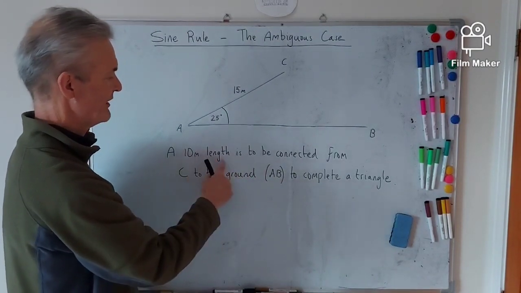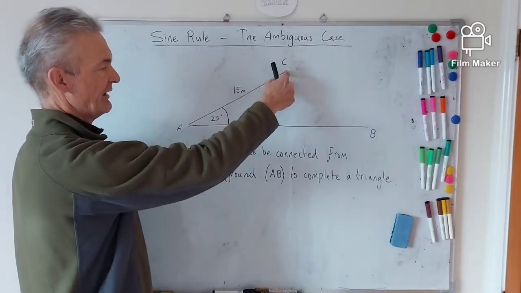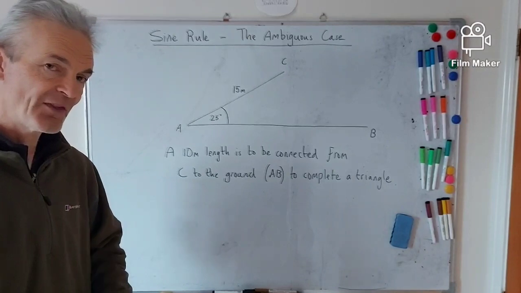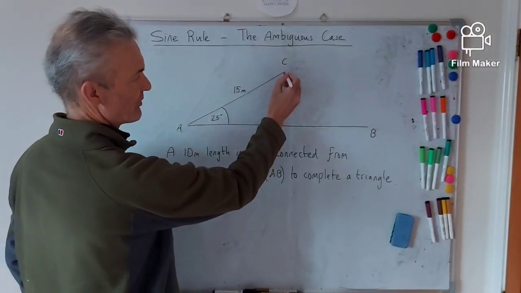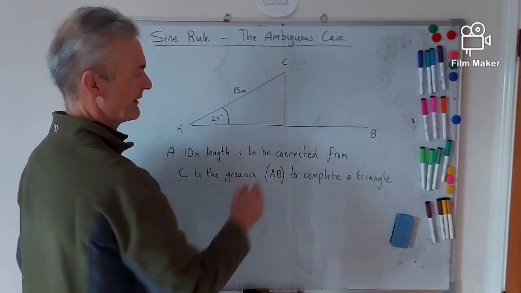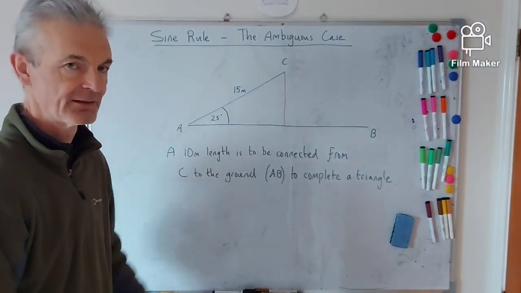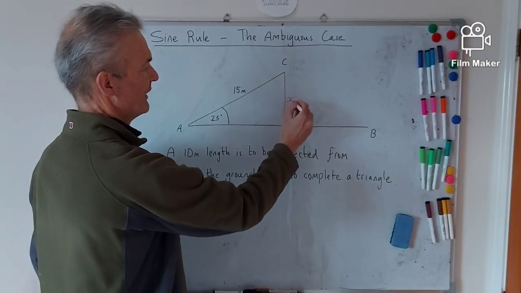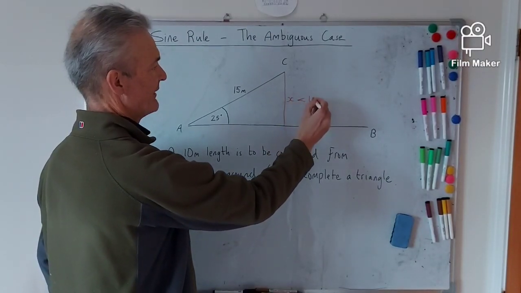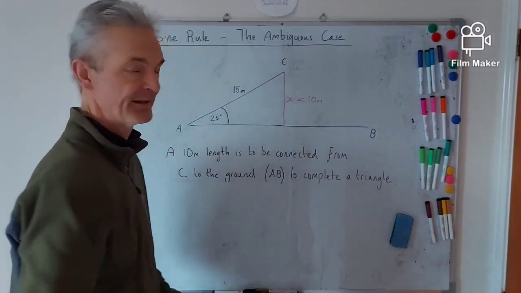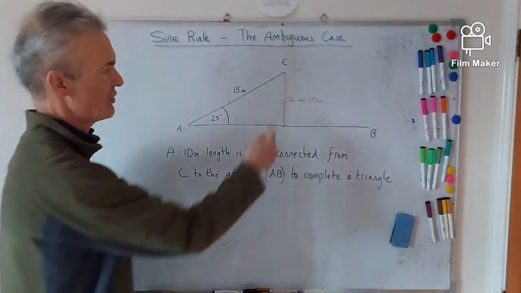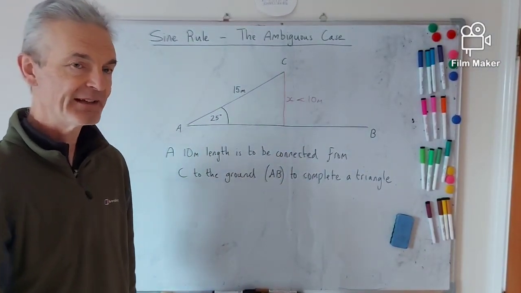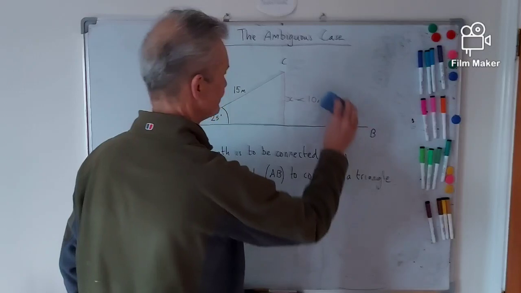If you're thinking that you can just put it straight down to make a right angle triangle, that's not the right way to go about it, because this length here, which I call X, is less than 10 metres. You can't just drop a perpendicular down. It's got to be 10 metres long, so that's not going to work.